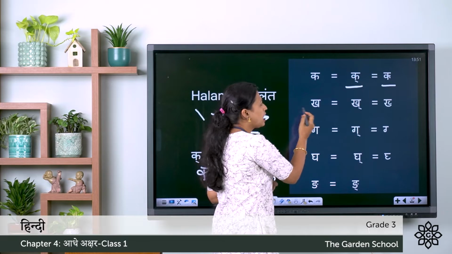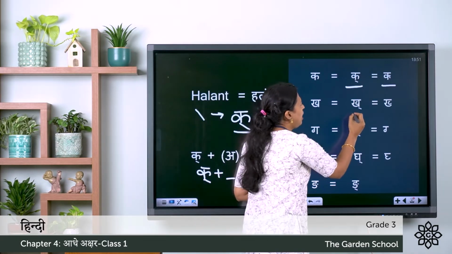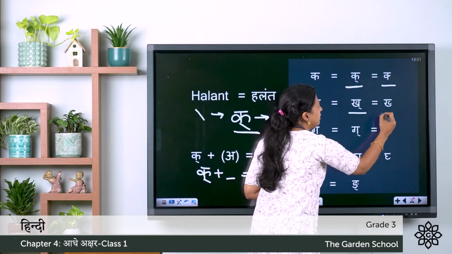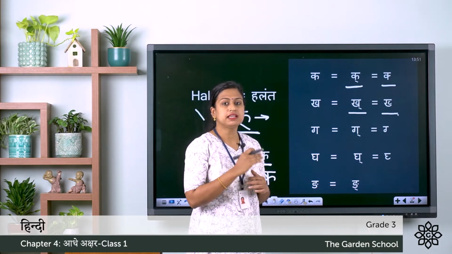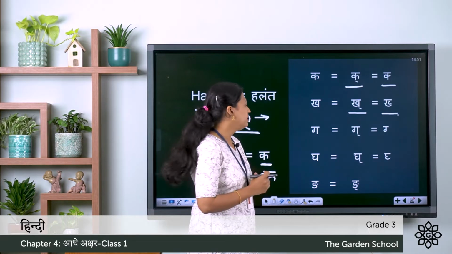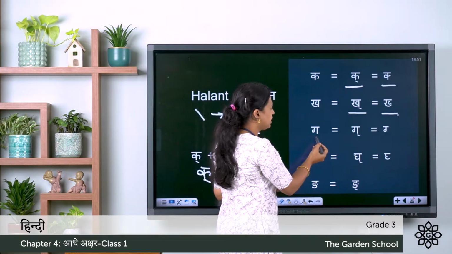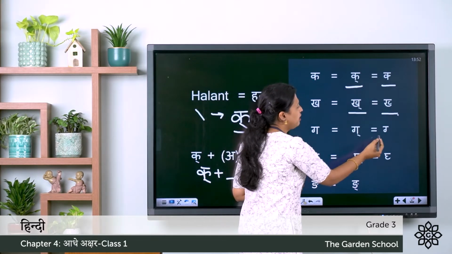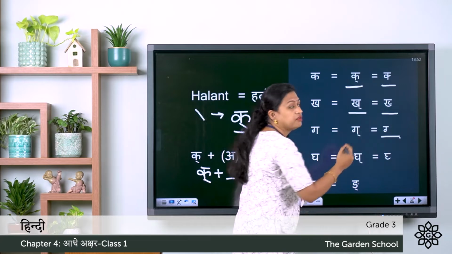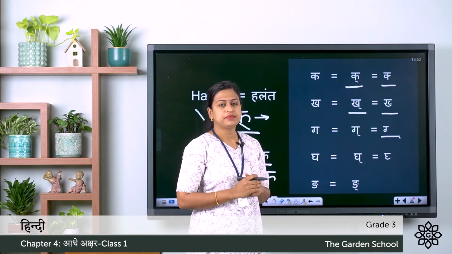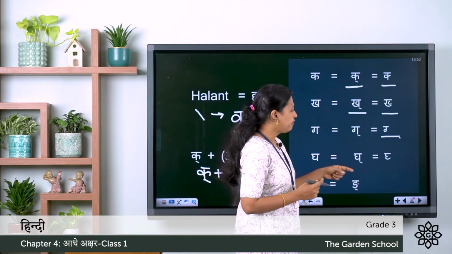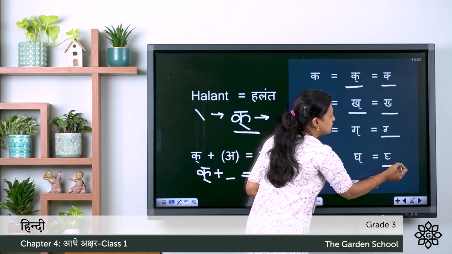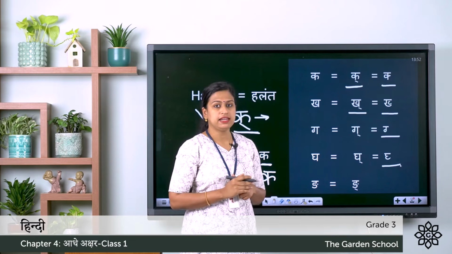Next one is Kha, half of Kha, and here there is no standing line. Next Vyanjanakshar Ga: half of Ga we write with no standing line. Next Vyanjan letter is Gha. This is half of Gha, and here also there is no standing line.